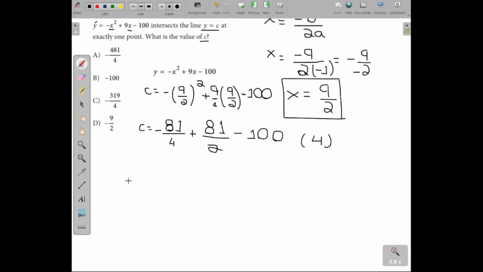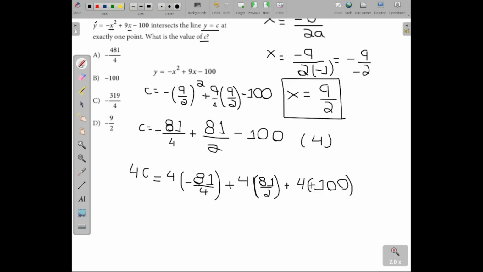We multiply the whole equation by 4, so c times 4 is 4c equals 4 times negative 81 divided by 4, plus 4 times 81 divided by 2, plus 4 times negative 100.